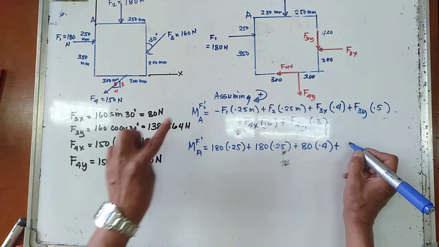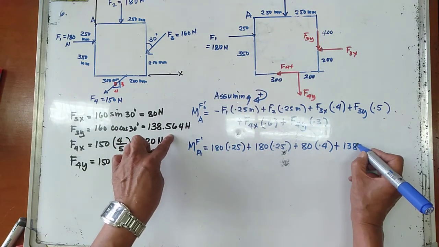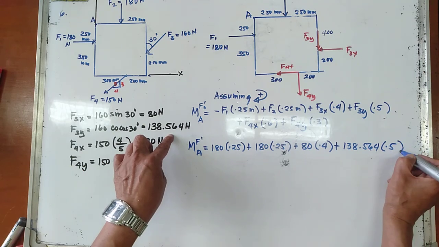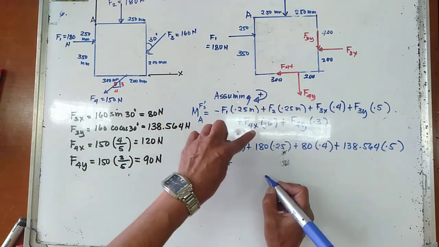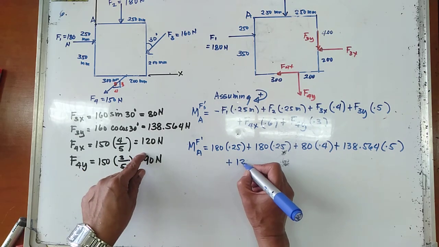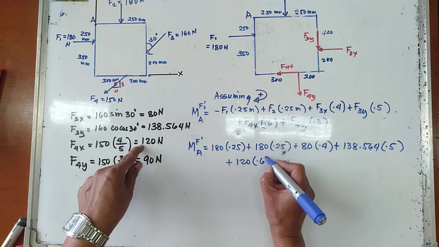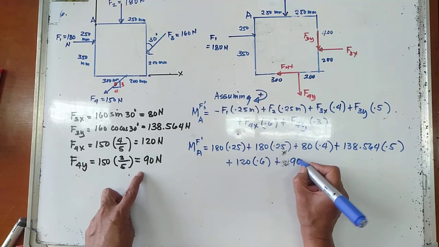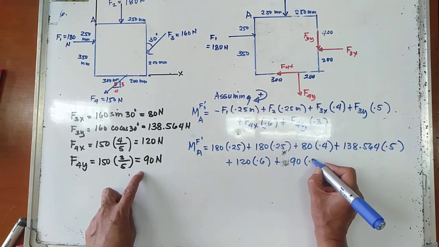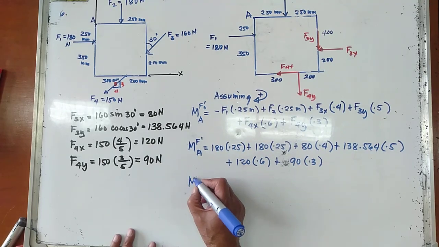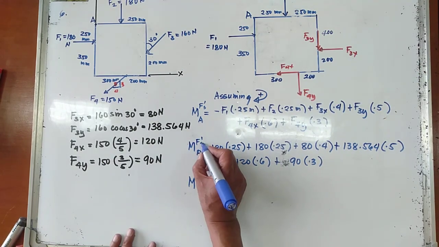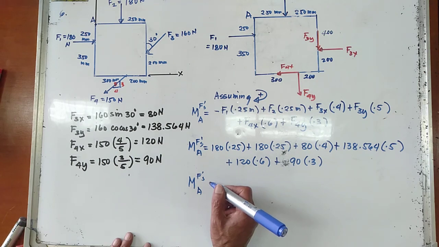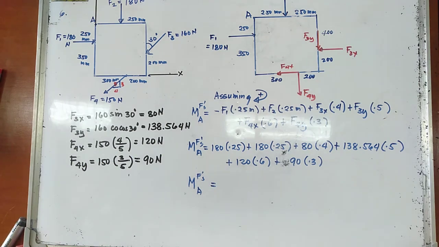Plus F3y, 138.564, multiplied by 0.5. Now plus F4x, 120, multiplied by 0.6, plus F4y, which is 90, multiplied by 0.3.